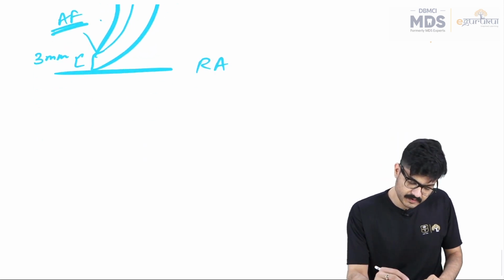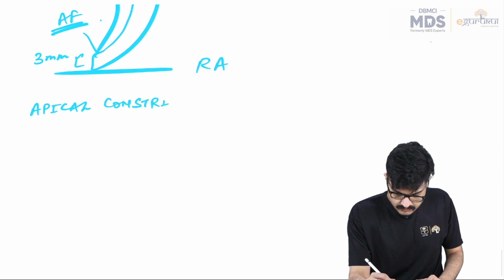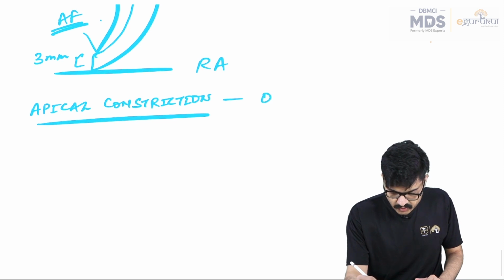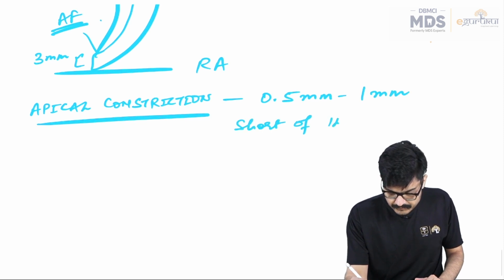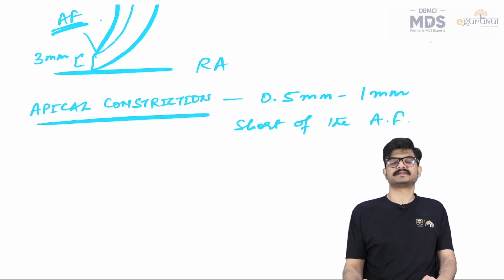So the apical constriction is usually 0.5 to 1 millimeter short of the apical foramen, friends.